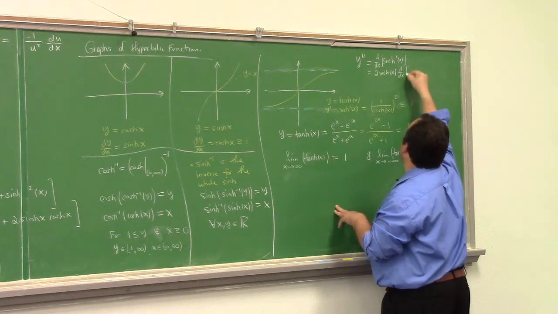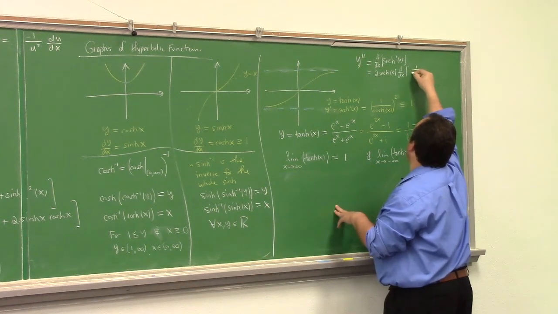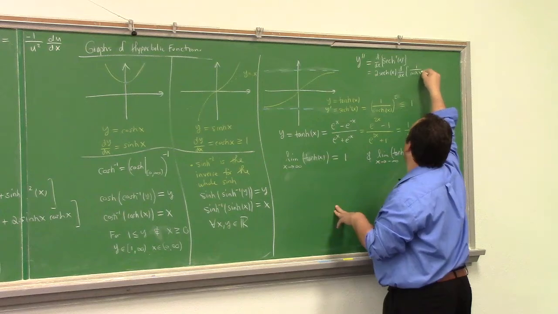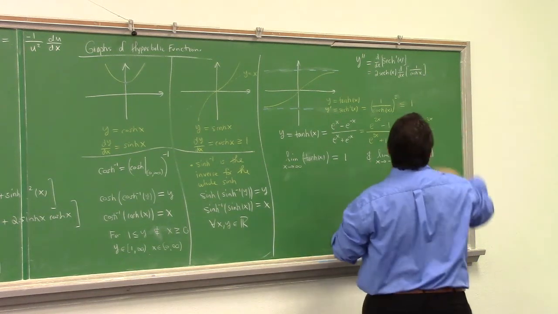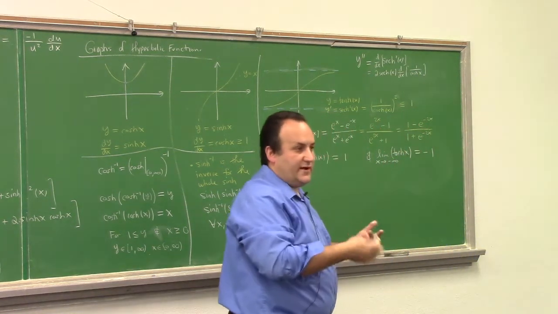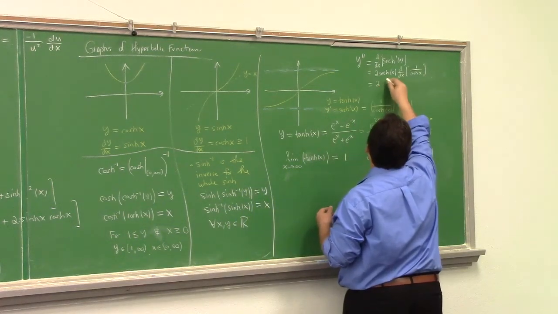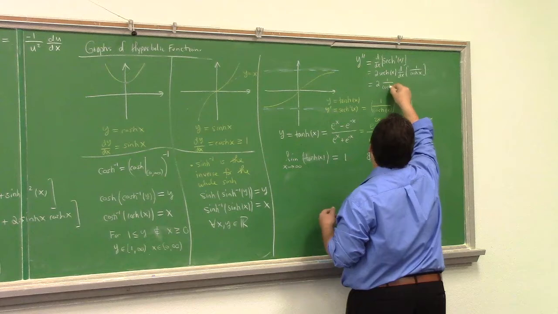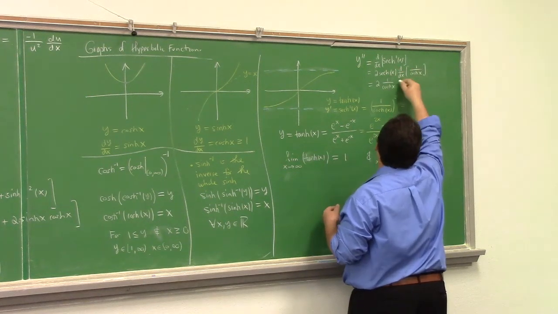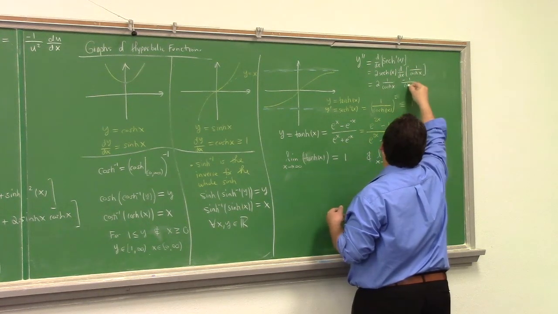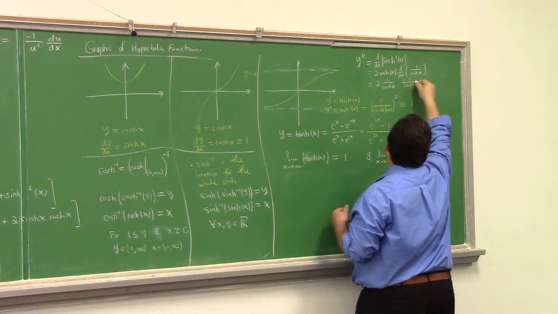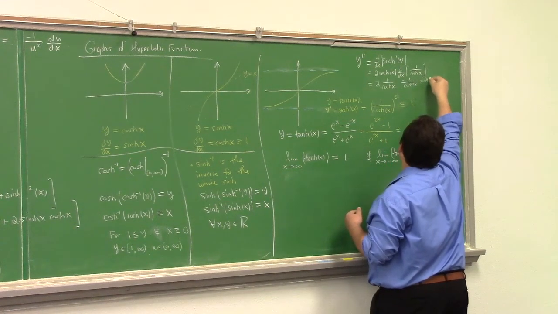Yeah, I don't remember right offhand. I'm going to write that as 1 over cosh. So that is a reciprocal, so we get minus 1 over cosh squared times sinh, right? So I have twice 1 over cosh for this guy, and then minus 1 over cosh squared of x times the sinh of x, the chain rule.